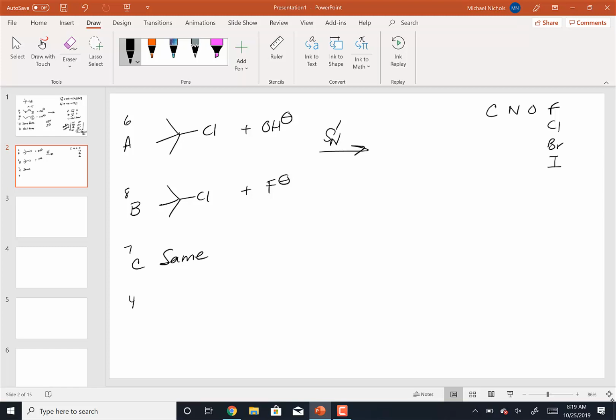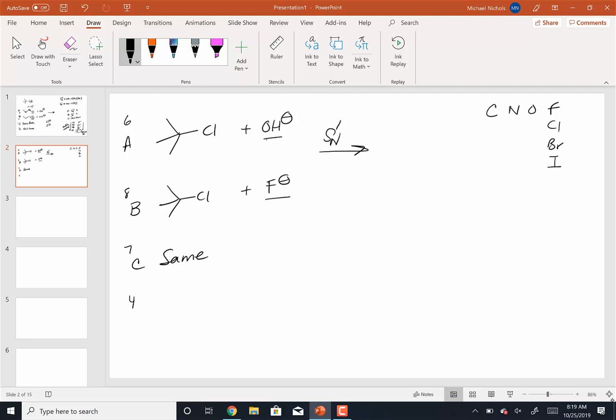They have different nucleophiles. The nucleophiles are different. Which one's a better nucleophile, fluoride or hydroxide? All right, let's vote on that.